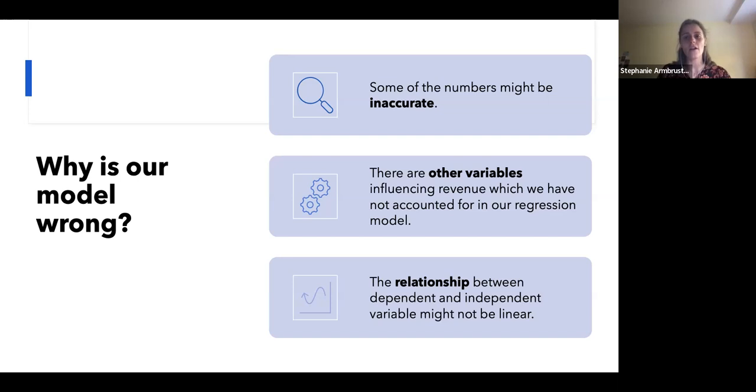Then there are other variables that could influence your outcome, and so just accounting for one just doesn't cut it. It doesn't describe the real-world relationship that you have. And lastly, your relationship might not be linear. We saw before, right? It can also be a curved one, or it can be something very, very complicated.